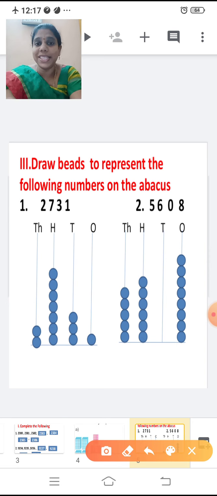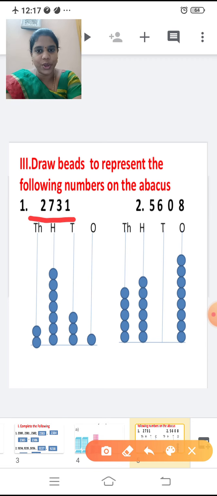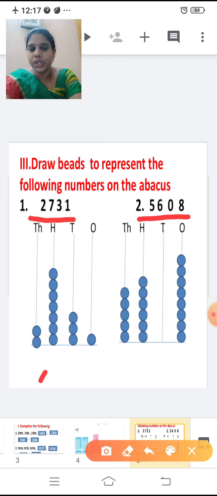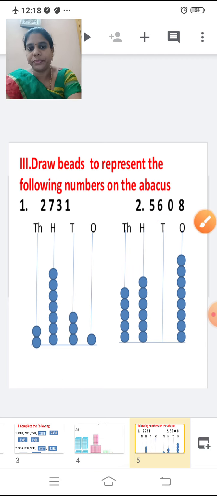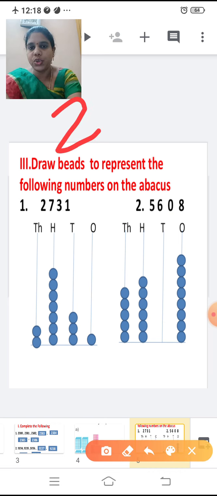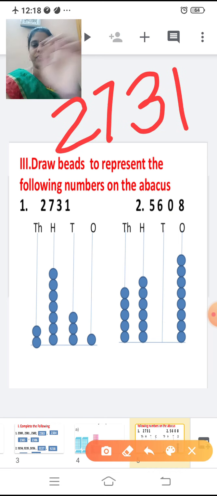Now draw beads. Draw beads to represent the following numbers on the abacus. Shall we draw beads on the abacus? First sum is 2731.